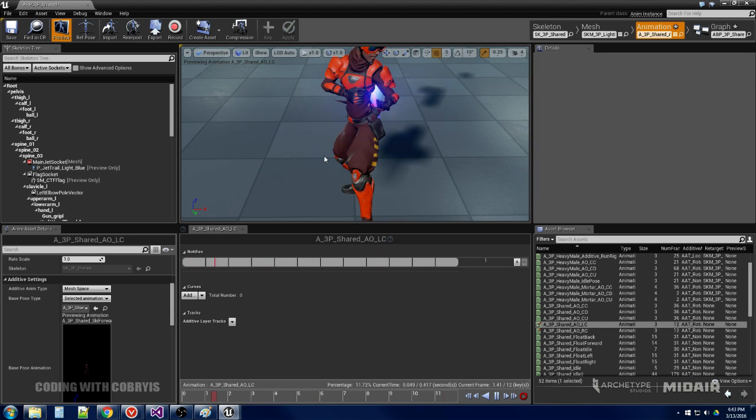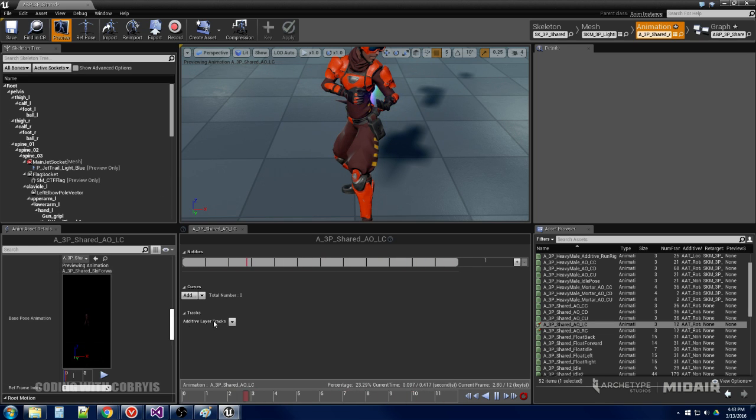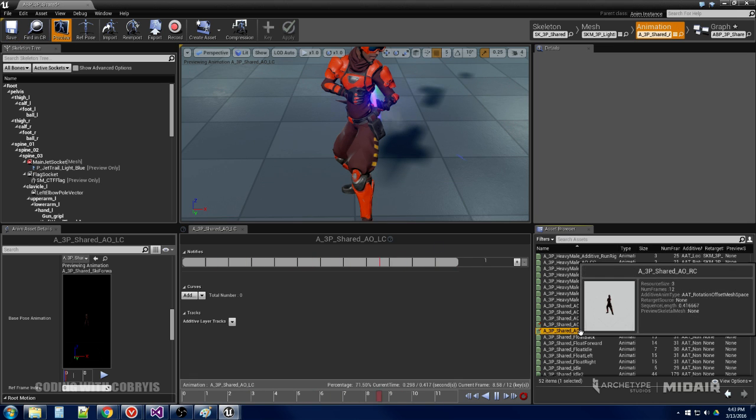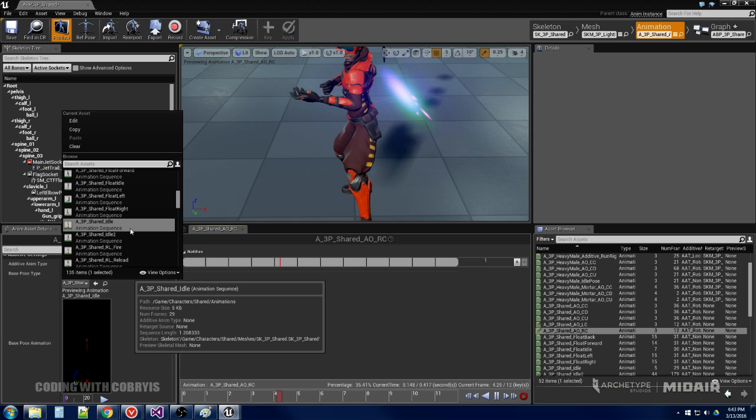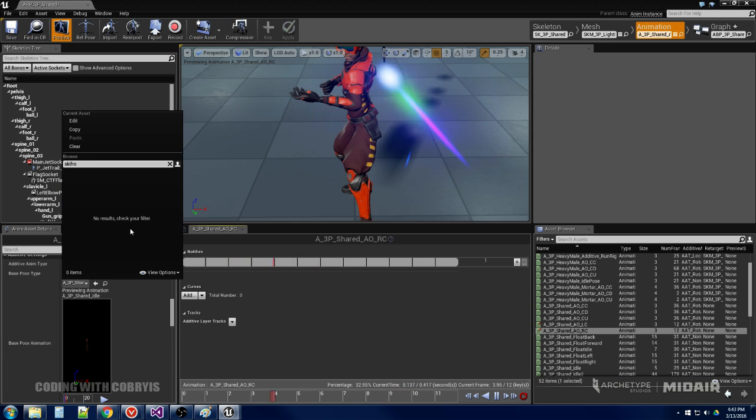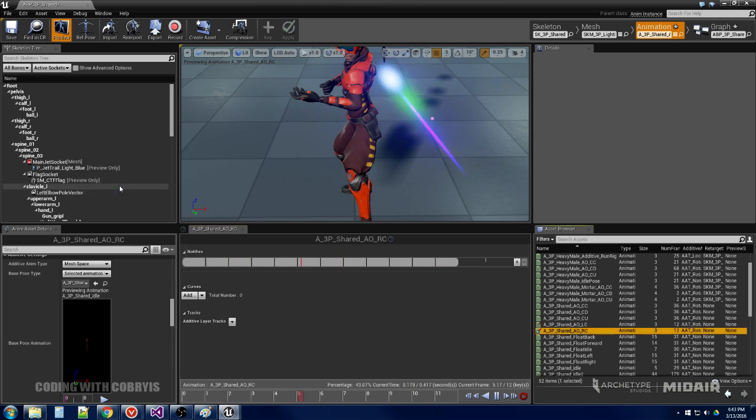Oh man. Alright, ski forward slow. This is not gonna look good. And this one also has to be on ski forward slow.